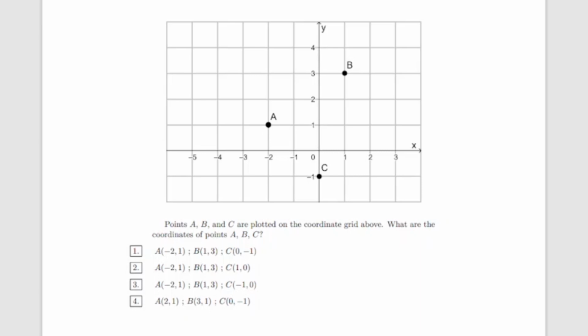Points A, B, and C are plotted on the coordinate grid above. What are the coordinates of A, B, and C? So we have to find the coordinates of A. So we start off at A and go to the x-axis, so we're at -2. And the y coordinate of A goes all the way to the y-axis. We have a 1 here.